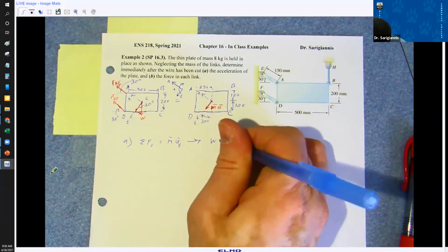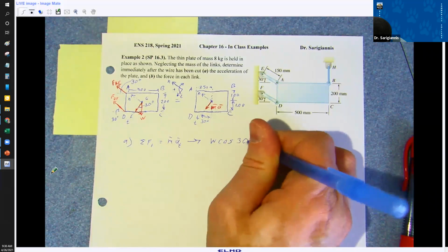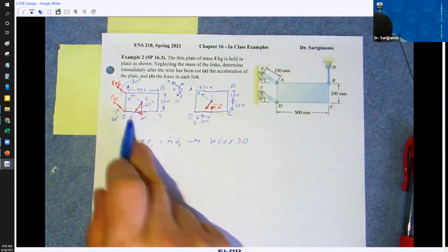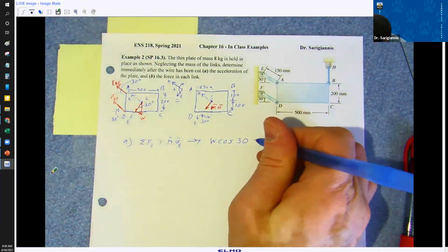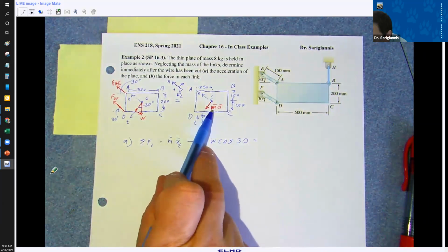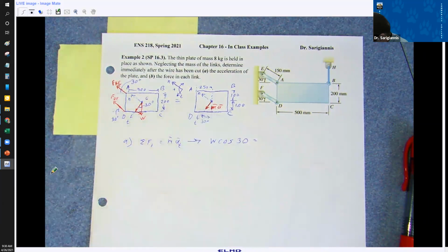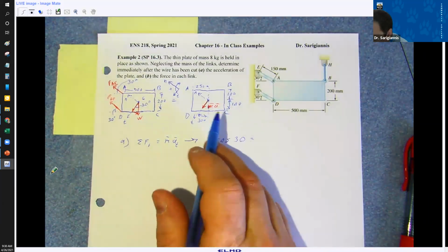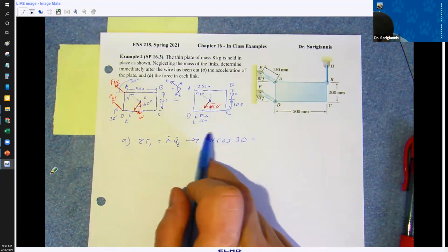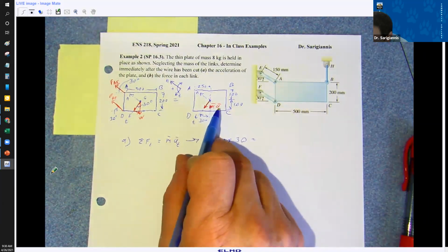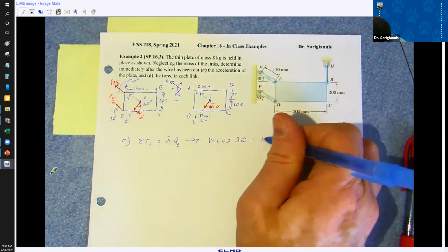So we've got W cosine 30 for the force equals, and MA is going to be a similar situation. We've got mass times basically gravity. Well, sorry, this is the acceleration. We've got mass times acceleration tangential.